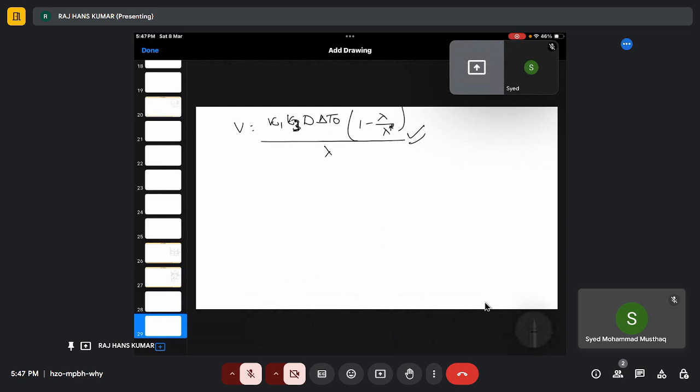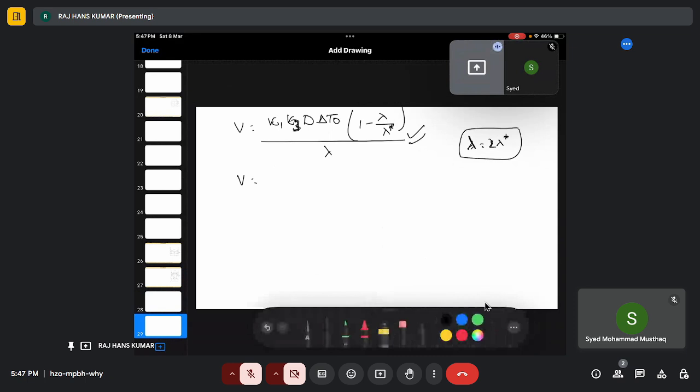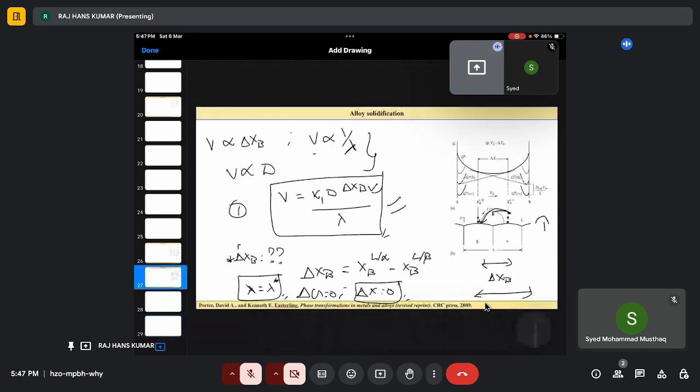So maximum speed can be attained when lambda equals to 2 lambda star. Oh, my bad. We wrote this equation wrong, right?